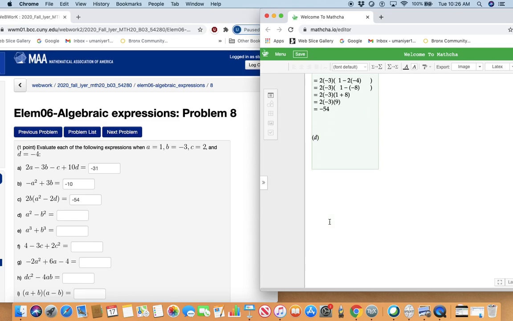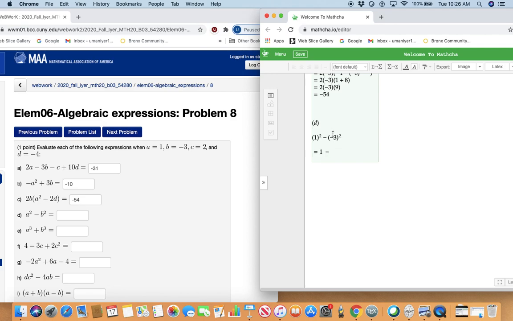Okay. A squared minus b squared. Something squared minus something squared. A is 1 and B is negative 3. That is equal to, exponents first, 1 power 2 is 1 minus negative 3 power 2.